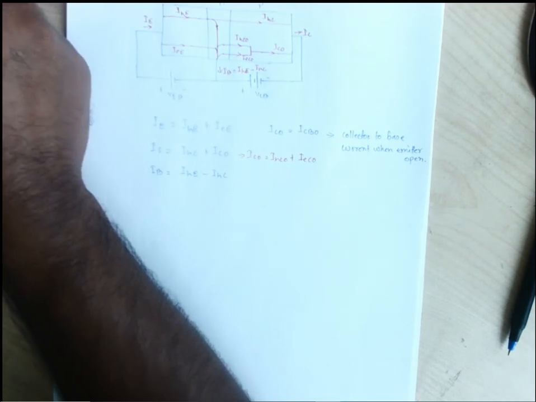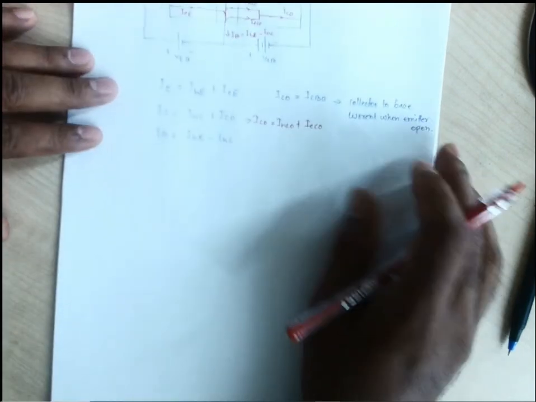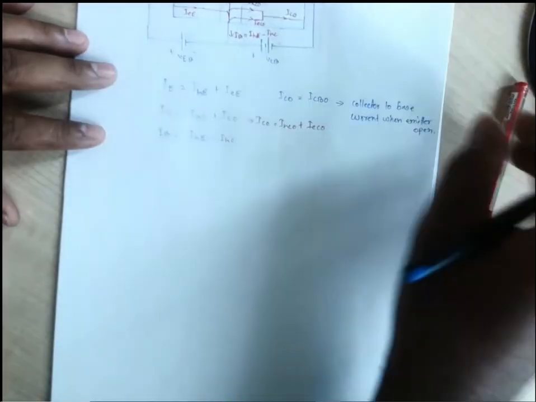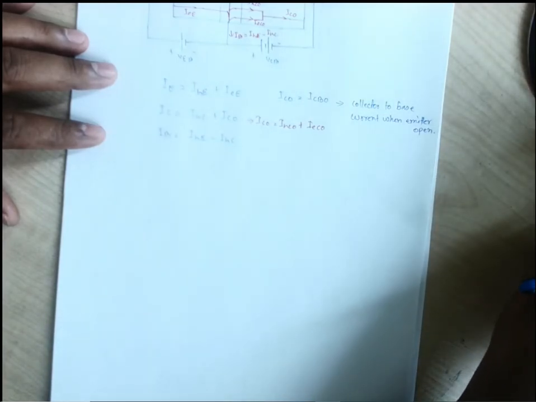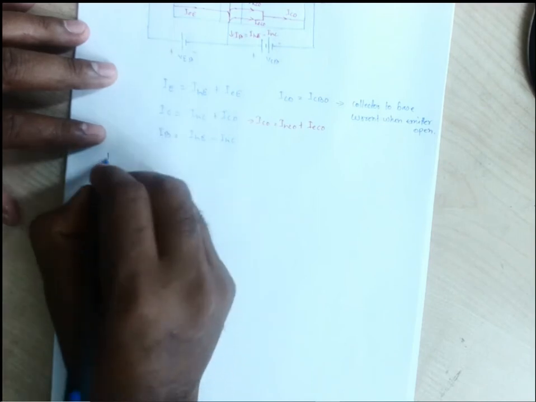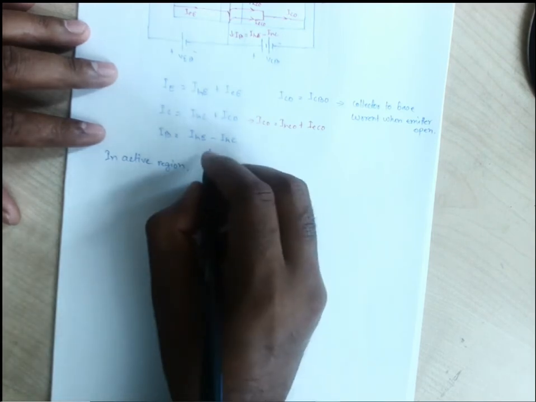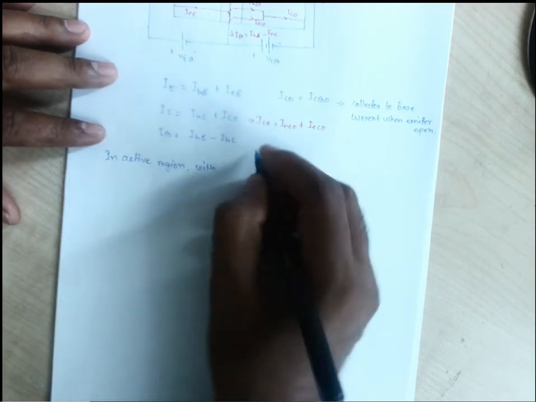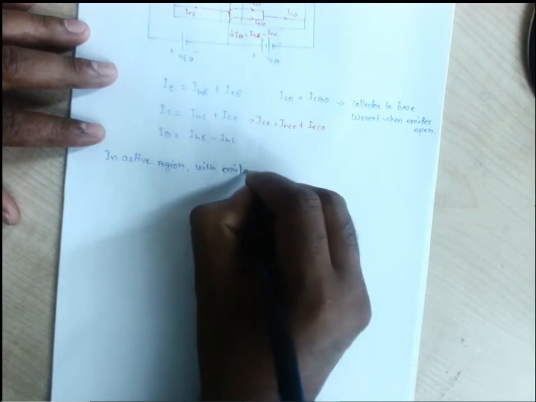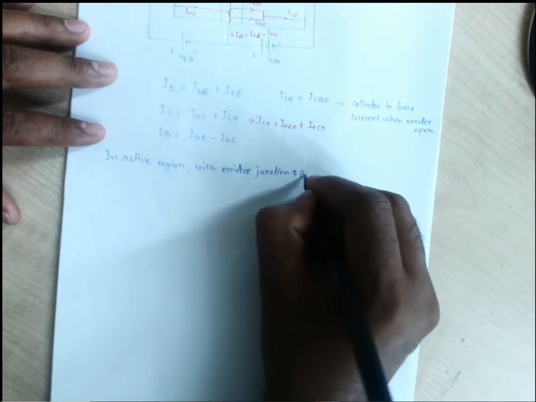Now based on this current, there are different conditions and concepts we can take out. In the active region of operation, the emitter junction is forward biased and the collector junction is reverse biased. So what will be the condition of the collector current in the active region, with the emitter junction forward biased?